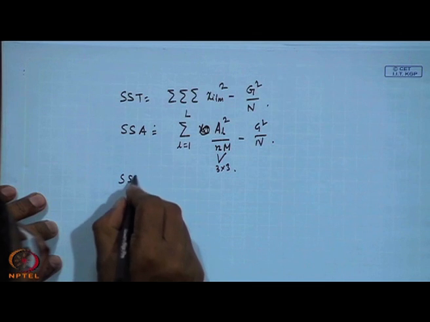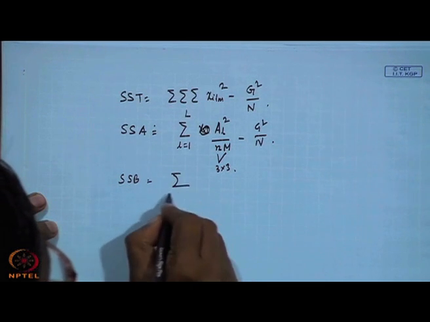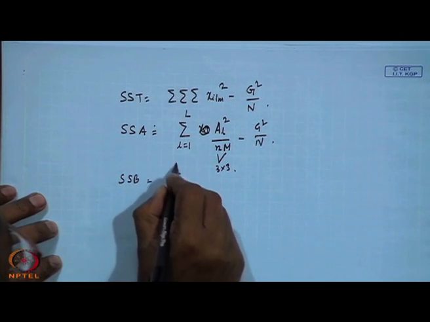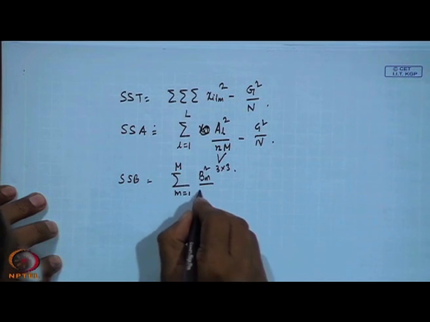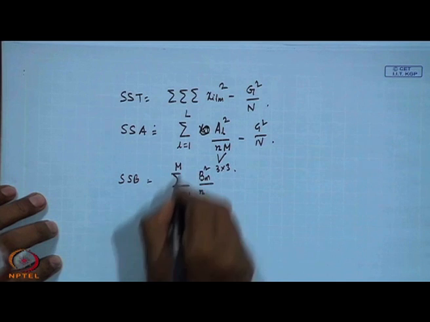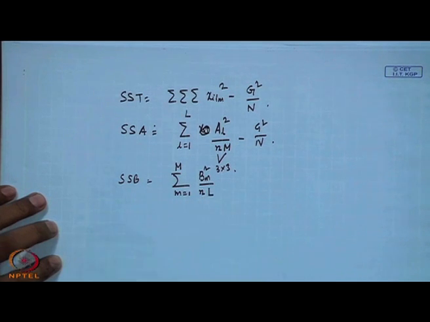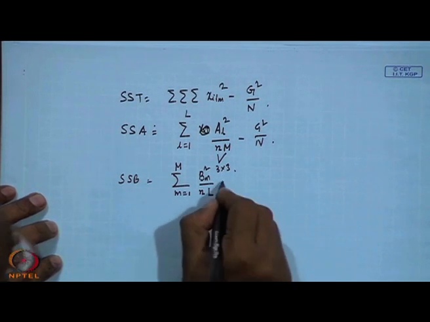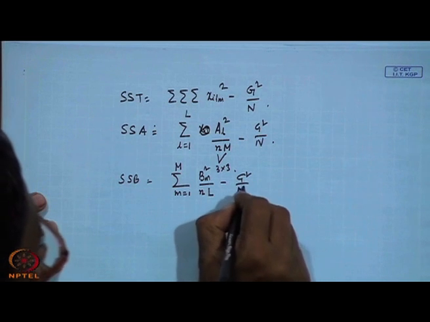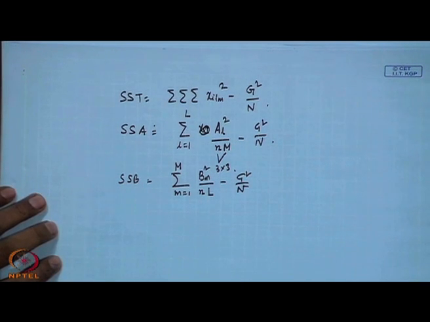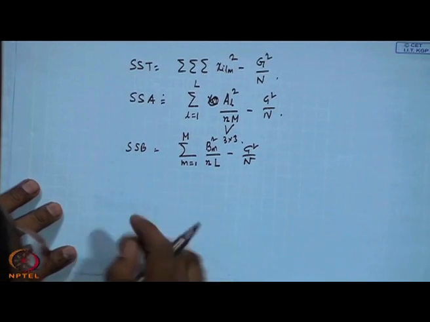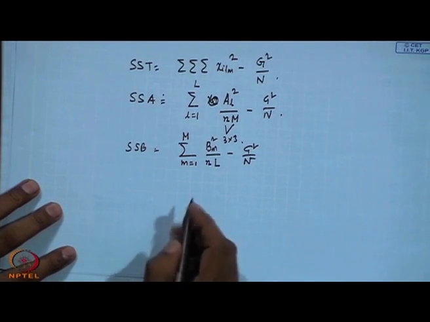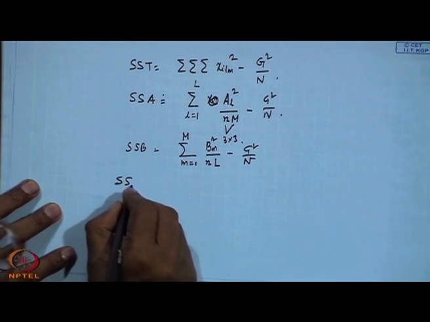So, what will be our SSB? SSB across m equal to 1 to capital M, that is B_m squared by nL, minus G squared by capital N. Okay. Now, we will create another thing which is known as SS subtotal.